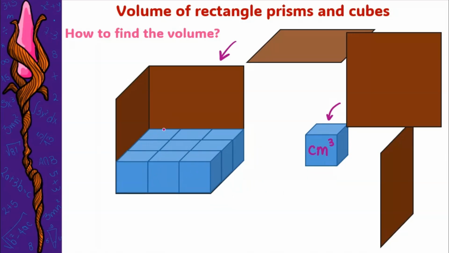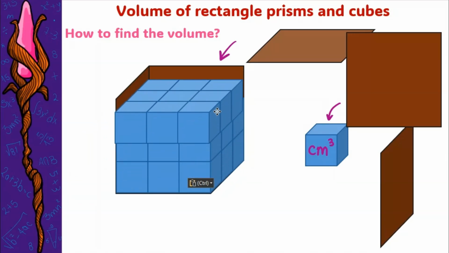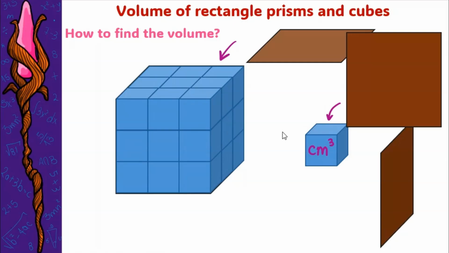Okay, it seems like we complete a layer of 9 cubes, 9 cubic centimeters. Let's see how many of these we need. Here we go. We complete the whole box.